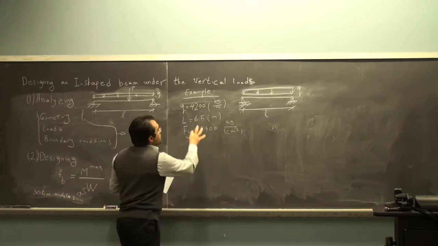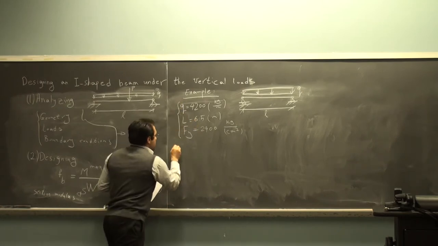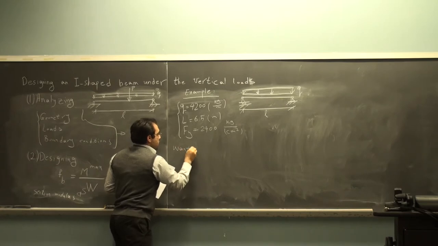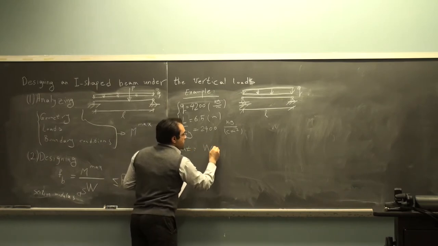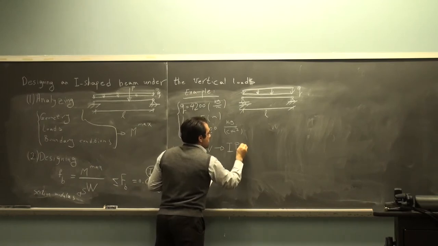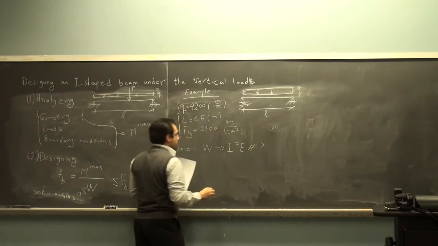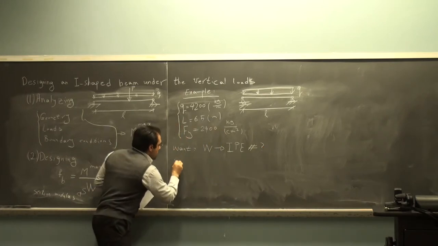Okay, so these are given and we know all of them. What we want to do is to find the required W, and therefore we can use the table to find the IPE number that we want. Okay, so let's start to solve it.